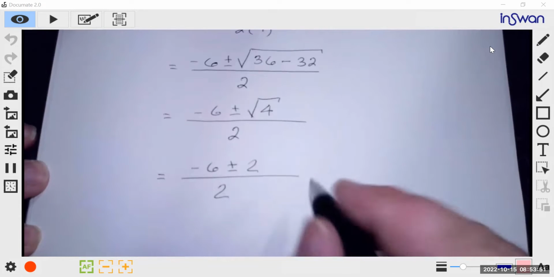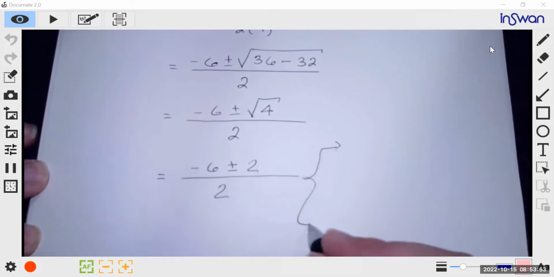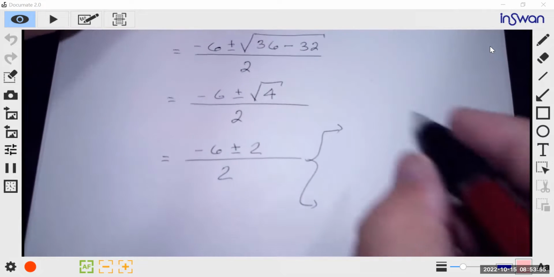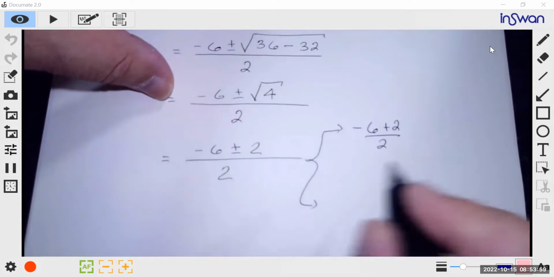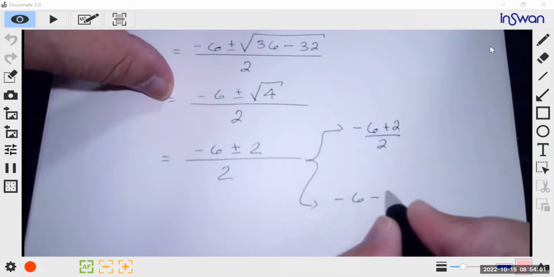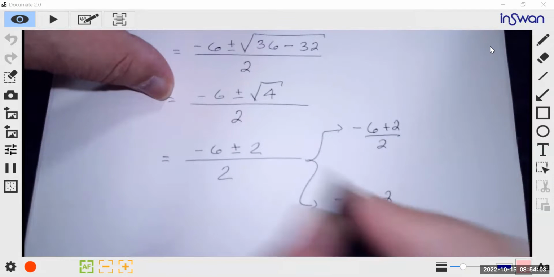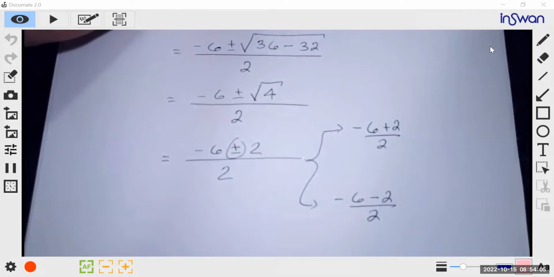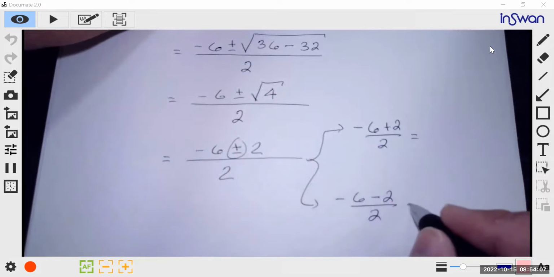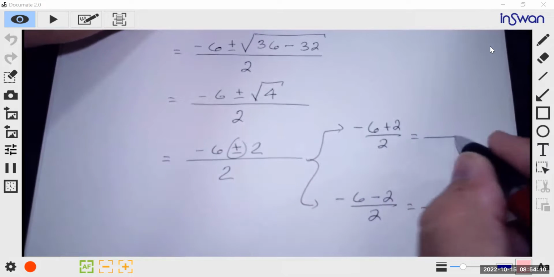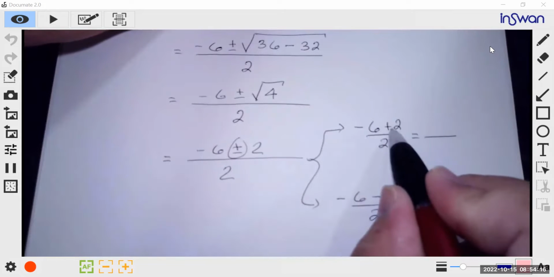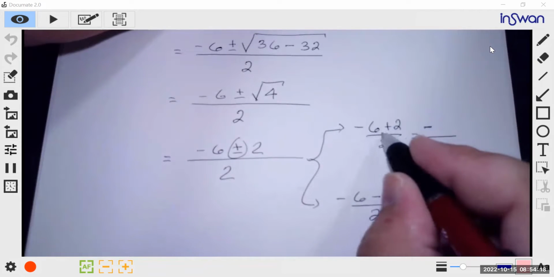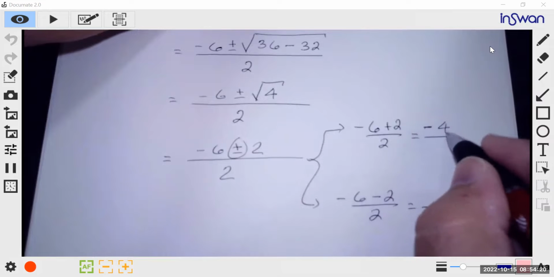Since this came out, we can now solve both of these. We have negative 6 plus 2 over 2 and negative 6 minus 2 over 2. We have a plus or minus to take into consideration, and we work them out. 6 is bigger than 2, it's negative, so the answer is negative. 6 minus 2 is 4.